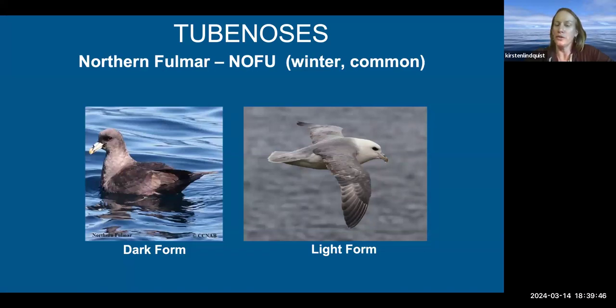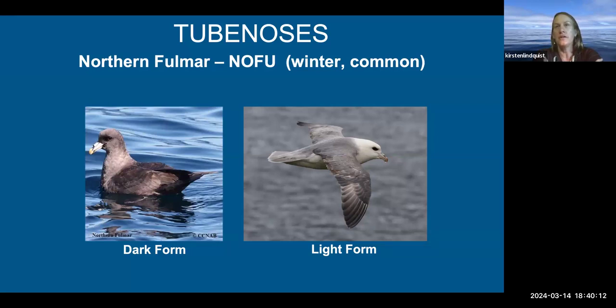So tube noses, northern fulmar, otherwise known as a NOFU, they are present in the winter and they come in all different forms. We have the dark forms, we have the light forms. So a dark bird, light birds, kind of a mixture of the two. This is a species that arrives in the winter around November.